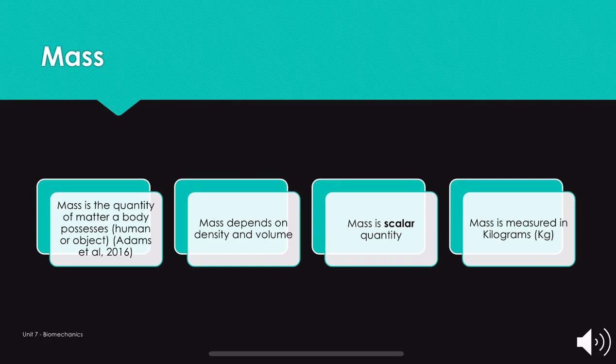The formula for mass is volume times density, and can be used to calculate an object's mass in kilograms. For example, the average mass of a human being is 62 kilograms, and the average volume of a human is 62 cubic centimeters. Therefore, the density of an average human is 1 gram per unit volume in milliliters.